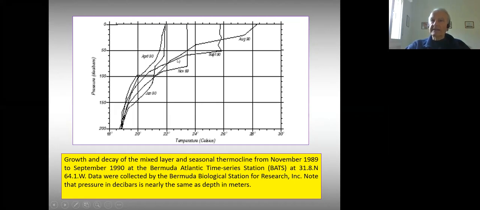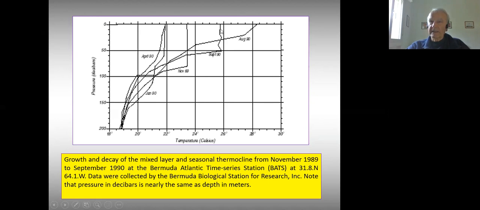Why is there this surface layer with almost constant temperature? Because passing from August to September, there are more wind events. What does wind cause? Wind causes vertical mixing. Vertical mixing means that the water from the very surface is mixed with deeper layers.